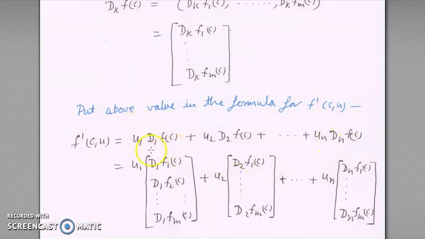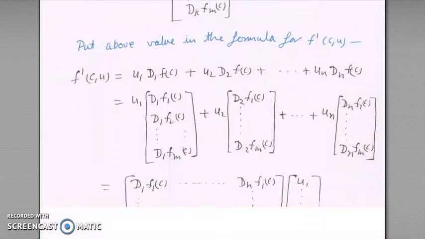In place of D1 f(c), we write the column D1 f1(c), D1 f2(c), up to D1 fm(c), and similarly for D2 f(c), and for Dn f(c) we write Dn f1(c) up to Dn fm(c). So we can write it like this.